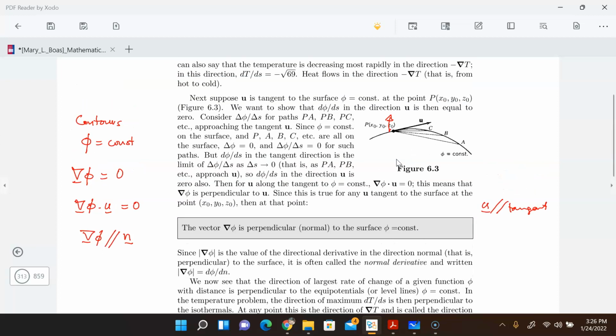In fact, over here it's been stated: your u is tangent to the surface phi equals constant. In other words, this is not just an arbitrary u. Your u is given as tangent to the surface. Then, since u is a tangent, your gradient phi will be a normal.